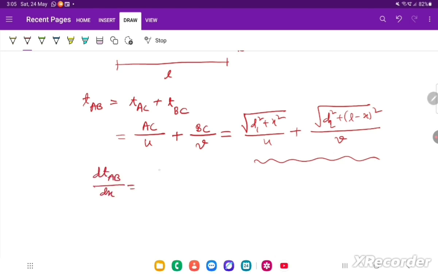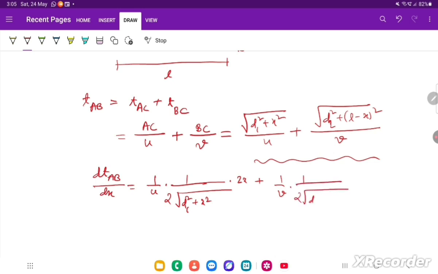So we can write this as 1 by u into 1 by 2 into root over d1 square plus x square into 2x, plus 1 by v into 1 by 2 into root over d2 square plus L minus x whole square, into minus of 2 into L minus x. I'll equate this to 0 for the minimum possible case, right?